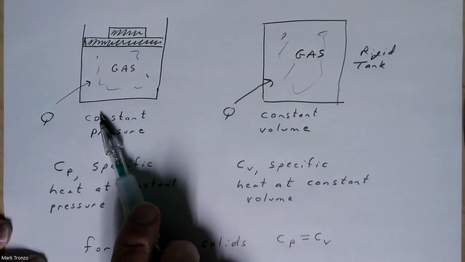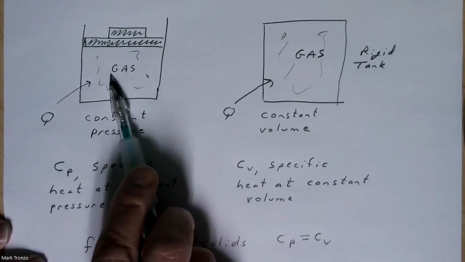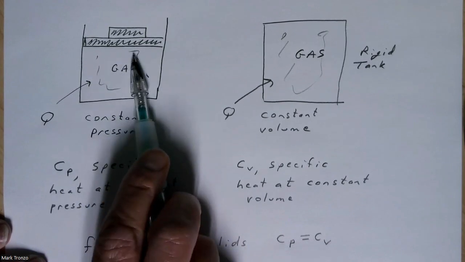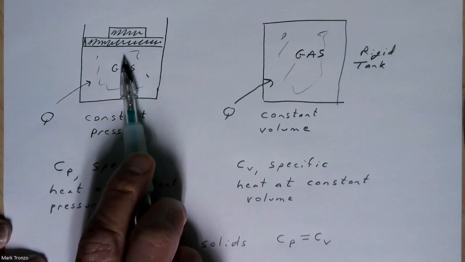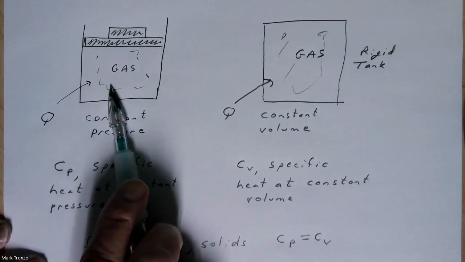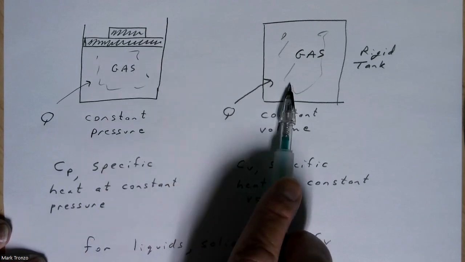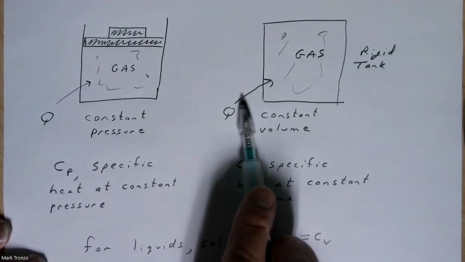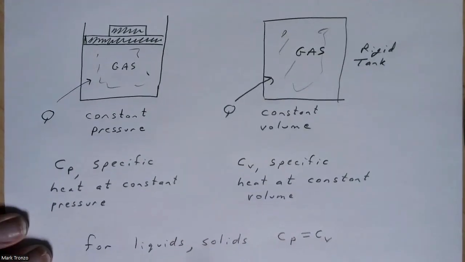When you add heat to this gas here, some of the heat is converted to work to raise this mass up, so not all of the heat goes to increasing the temperature. Whereas over here, in a rigid tank, all the heat in effect goes into raising the temperature of the gas.